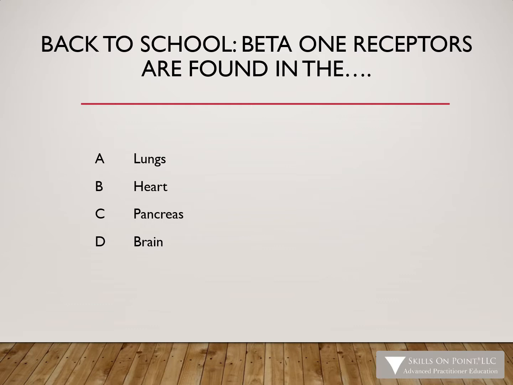Yes, it is the heart, but that said, it's a trick question because it's also found on the lungs too. Those receptors are not so specific that they are all in one spot, but they are most aggressively found on the heart. You'll see some on the lungs too, which is one of the reasons that some of the more first generation medicines, the ones that have more interactions, aren't as specific to being truly beta 1 selective or cardioselective.